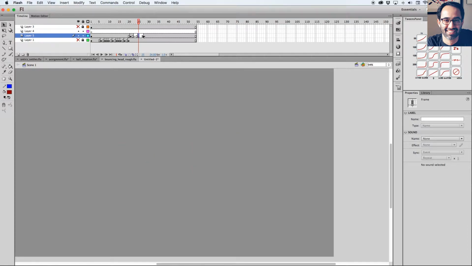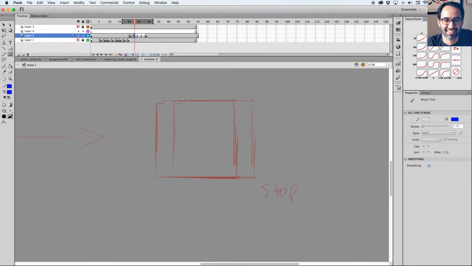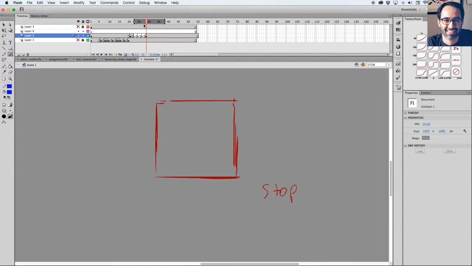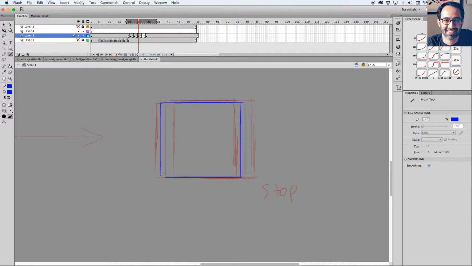And again, similar to the anticipation, I can ease out to ease into my last position. So 1, 2, and then 3.